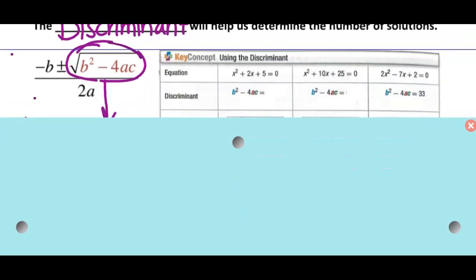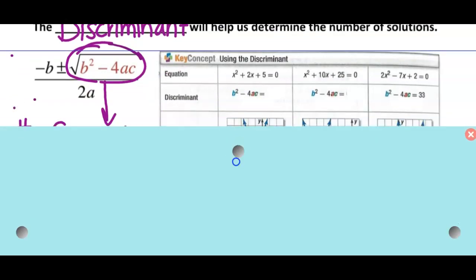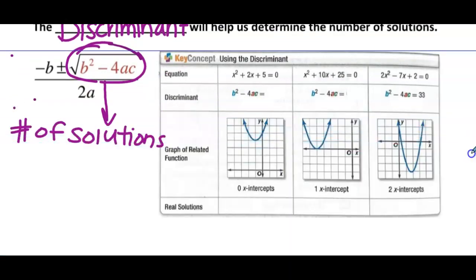So it's more of a way to help us figure out, did we do enough math, right? When we're looking at our discriminant, a 0 underneath our radical gives us 1 solution, a negative gives us none, and a positive gives us 2, as we know from our graphs.